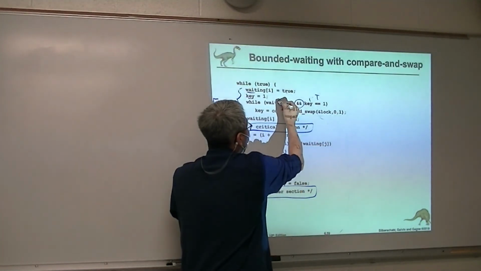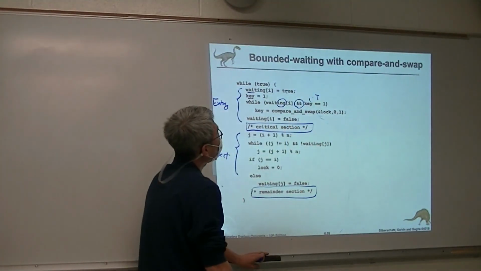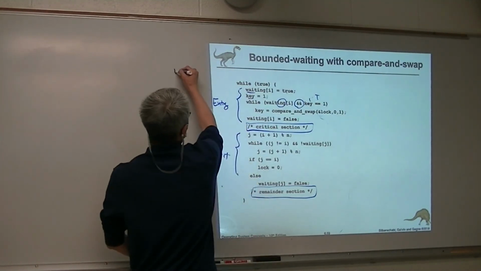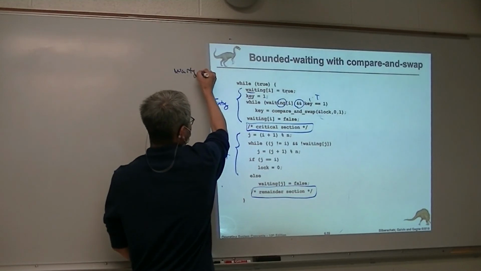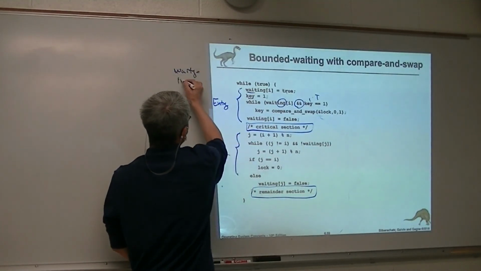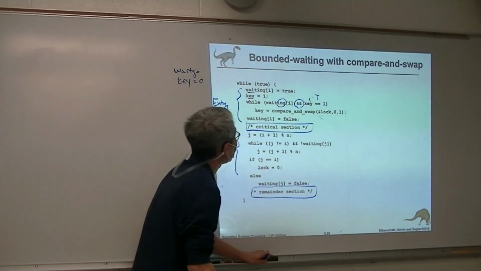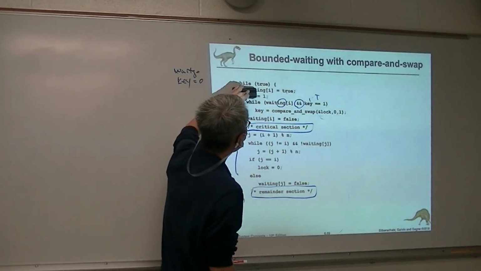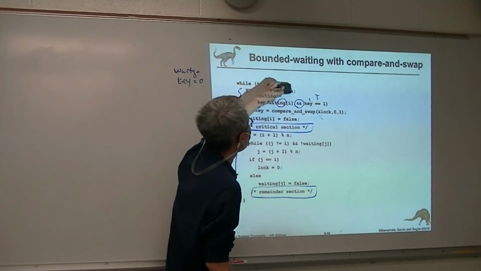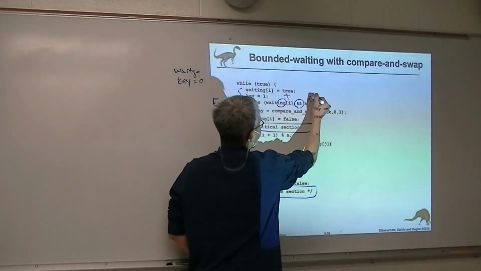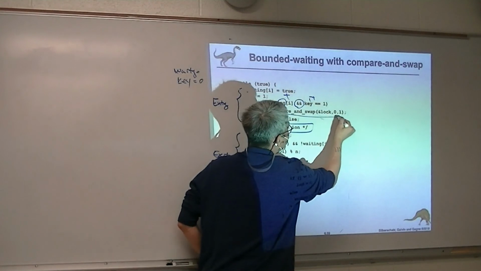Then if waiting is false, hold on. Right now the waiting, and we have the key as 0. Okay, then enter the critical section. So if both of them are true, then we are doing this one.